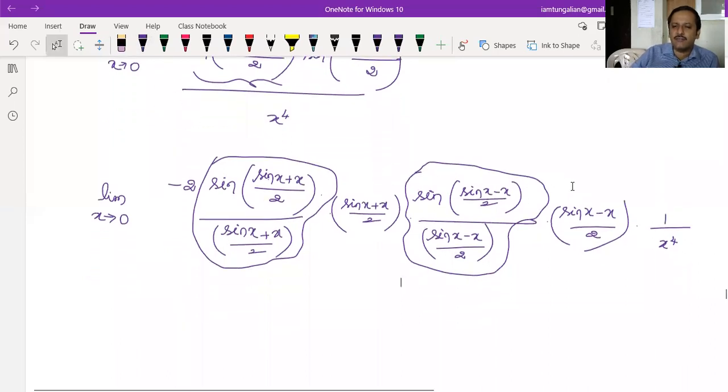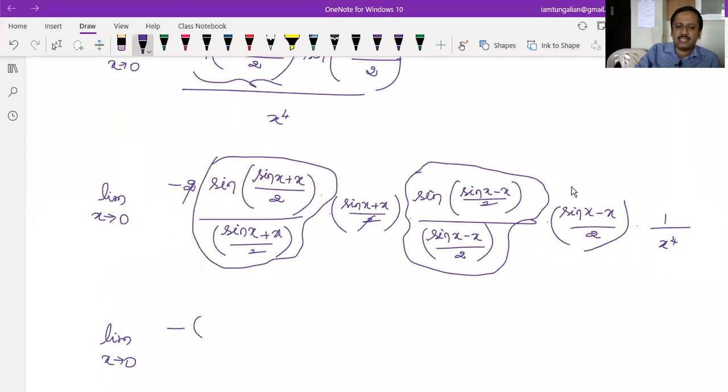Then what we are left with? Limit x tends to 0. Here (sin x plus x)/2, (sin x minus x)/2. Here one of those two I will cancel. Minus is remaining. Minus of (sin x plus x) into (sin x minus x). I'll write that as sin square x minus x square.